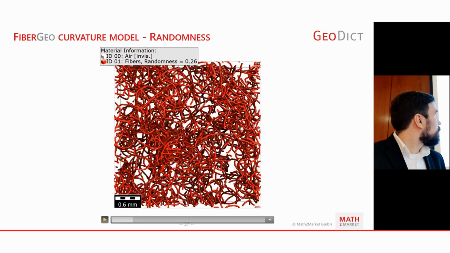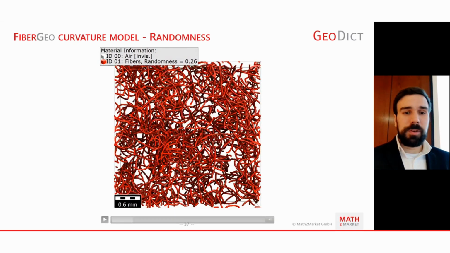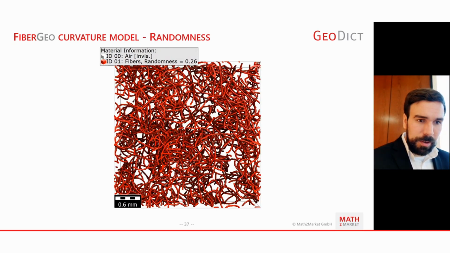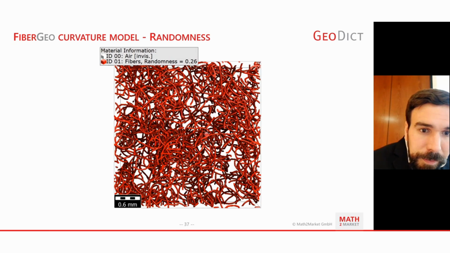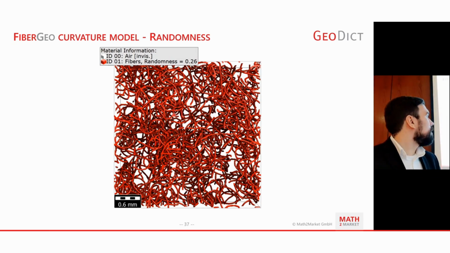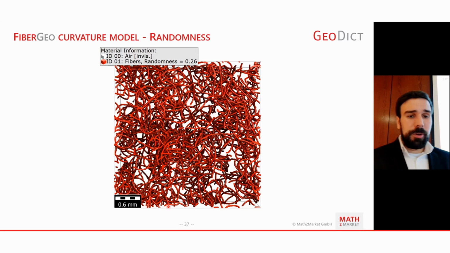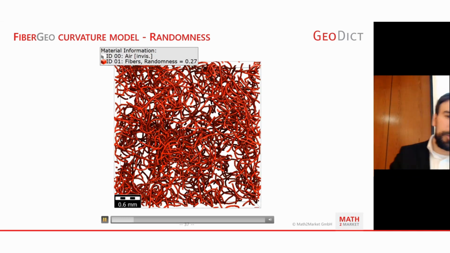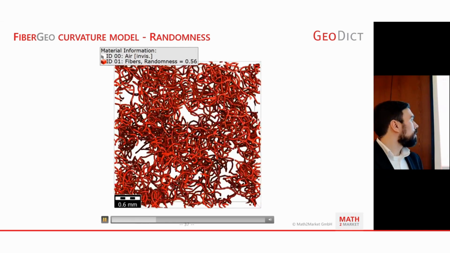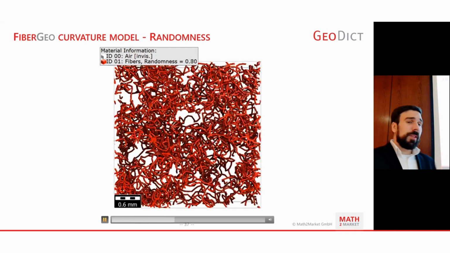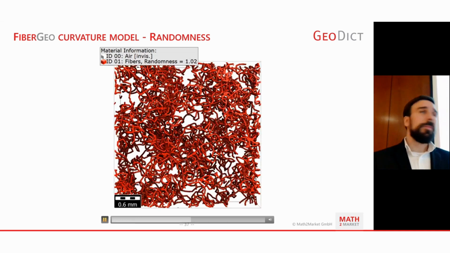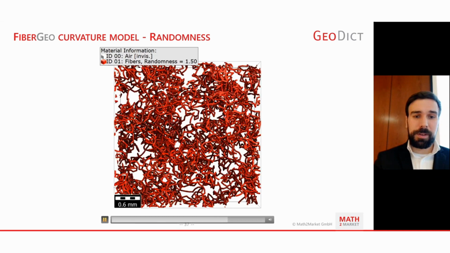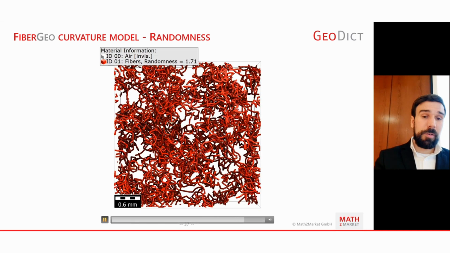Around 0.3, we get some kind of kinks in here, and it just gets worse from here. So with that parameter, usually keep it low, or you have to also adapt the segment lengths. Basically, shorter segments with higher randomness is kind of okay, but don't put that parameter too high.